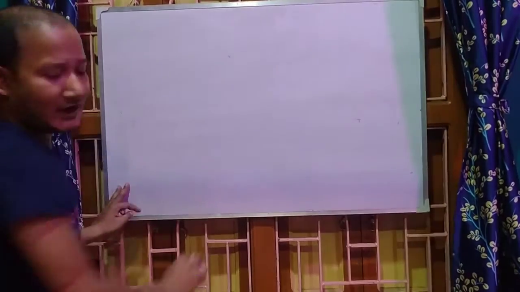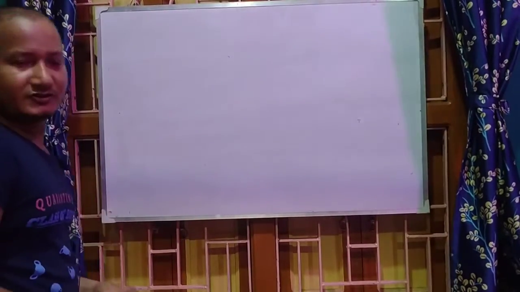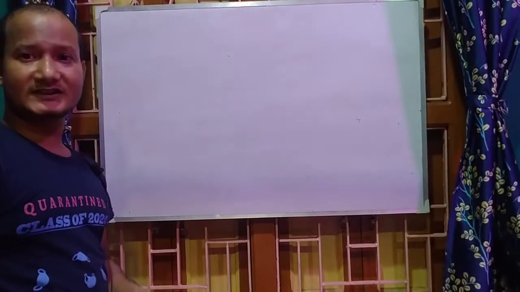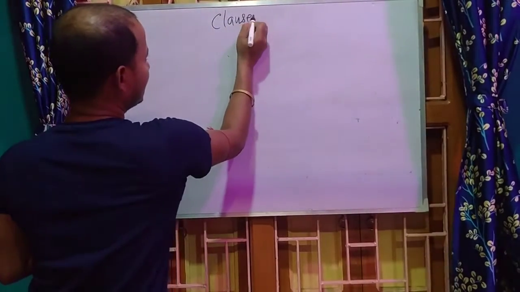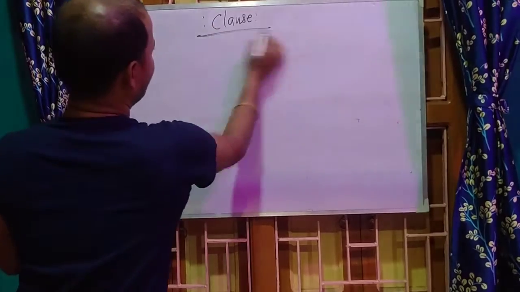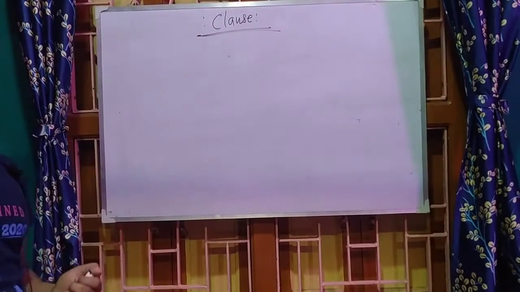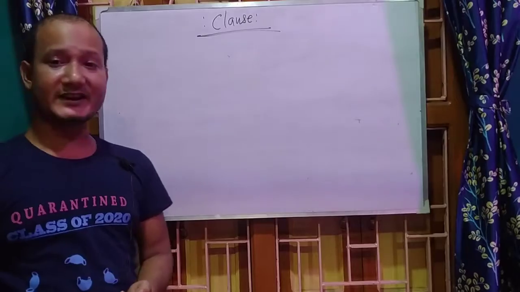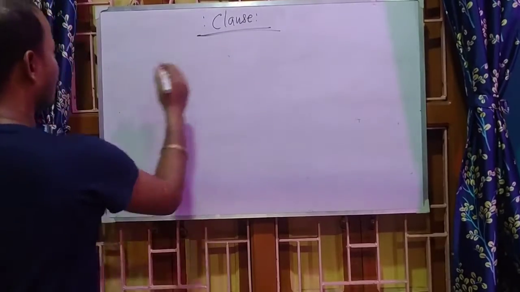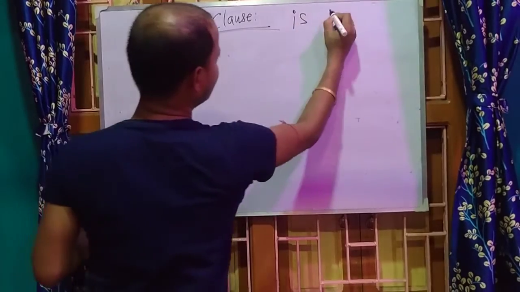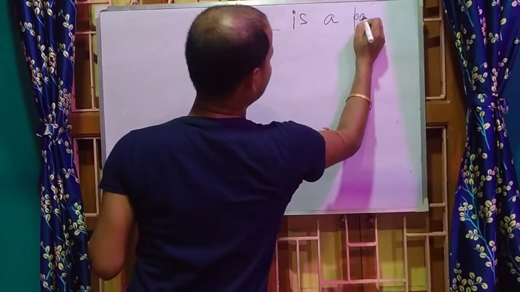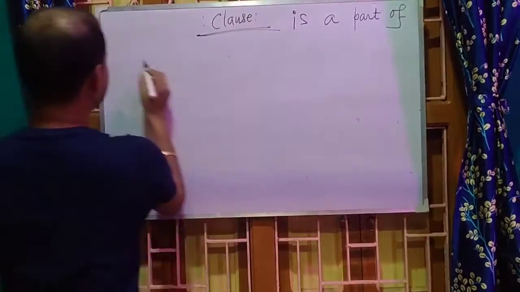Okay. Now I am coming to clause. Today I will just make you understand what the clause is and how many clauses there are. So look at the clause. What is clause? Clause is a part of sentence that has a finite verb.